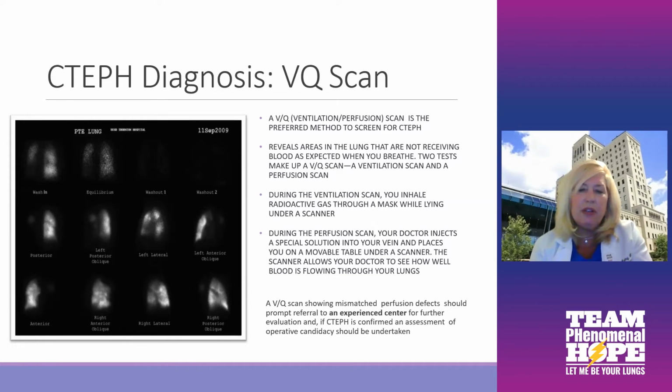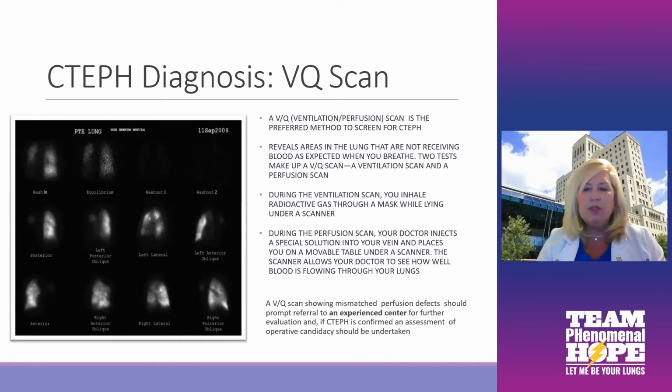On the top portion of this, you can see the ventilation portion. And this patient obviously has some inherent lung disease. But the most important thing we're looking for on this is whether there is a mismatch between the top ventilation portion and the perfusion portion. On the bottom left side of this VQ scan, you can see the whole right side of the lung is actually missing.